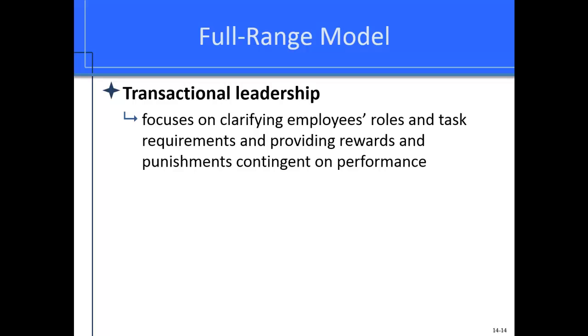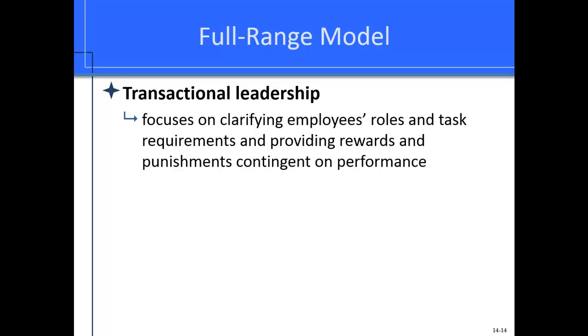Now let's move into 14.5, talking about the full range model. Full range leadership suggests that leadership behavior varies among a full range of leadership styles, from take no responsibility, a kind of laissez-faire leadership, at one extreme, through transactional leadership, to transformational leadership at the far other extreme.